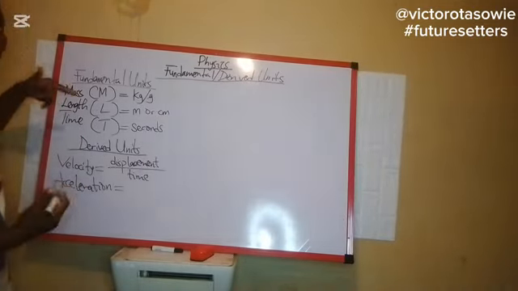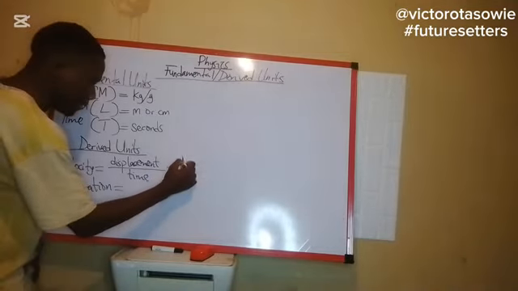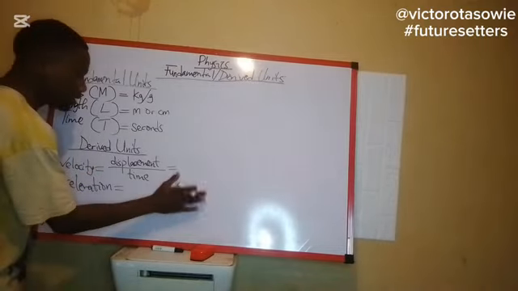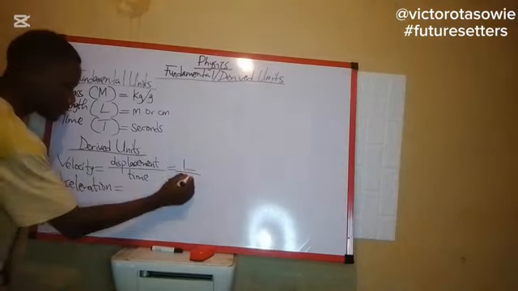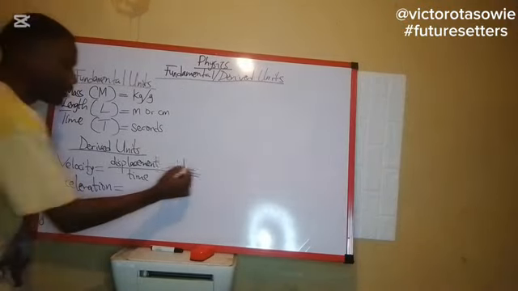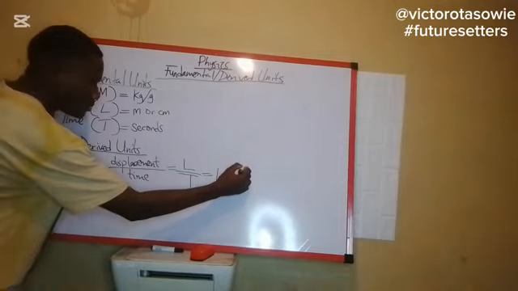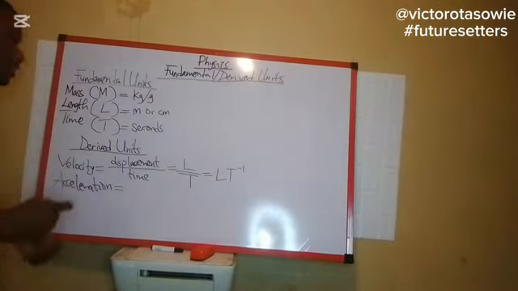Length is L, and time is T. So the dimension of velocity is L T inverse.